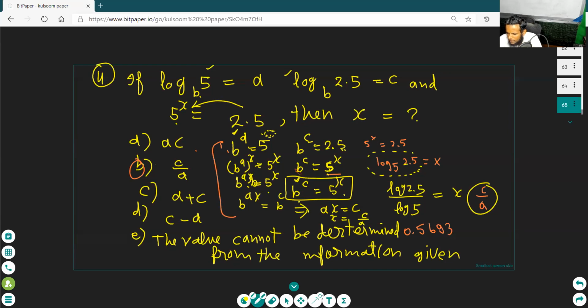Then we get 5 raised to power x. So b raised to power Ax is equal to 5 raised to power x, and b raised to power C is also equal to 5 raised to power x, so they become equal. Okay, it is clear? We can also find this. You should try this method also.